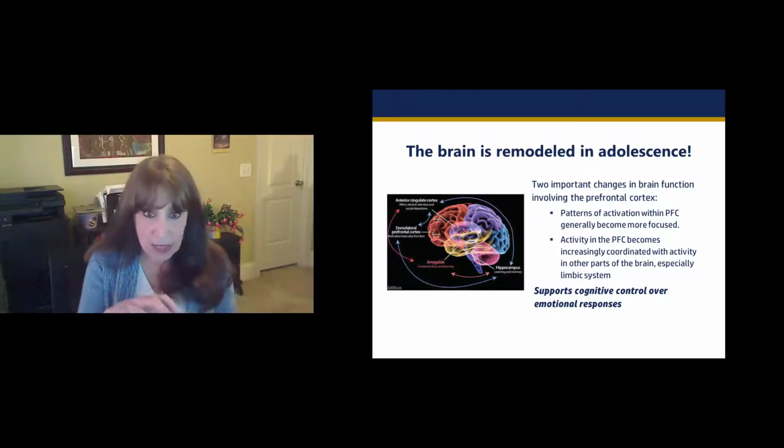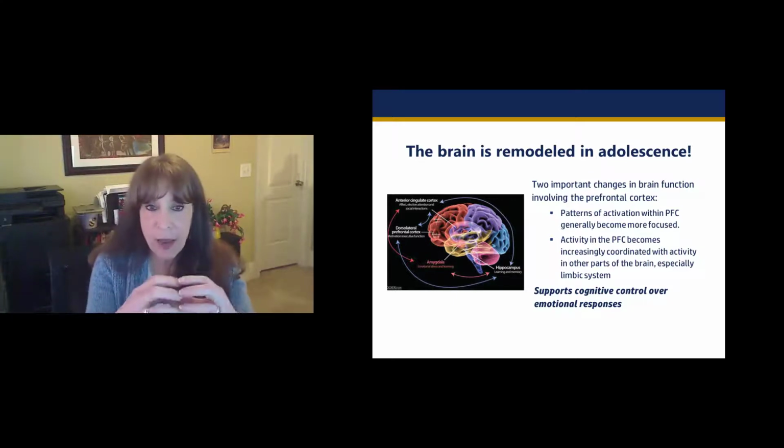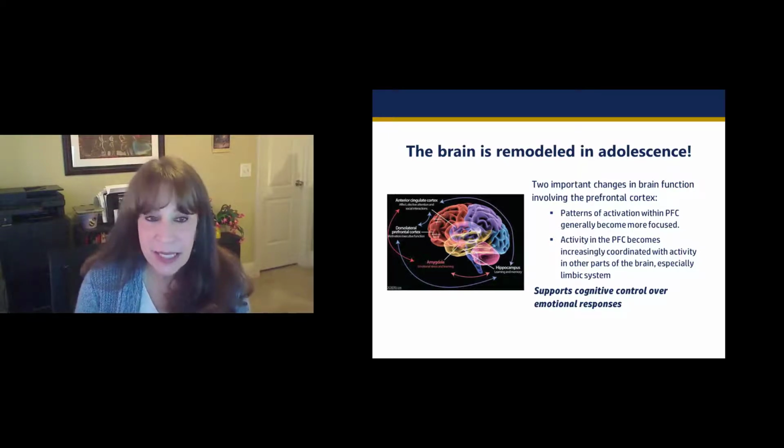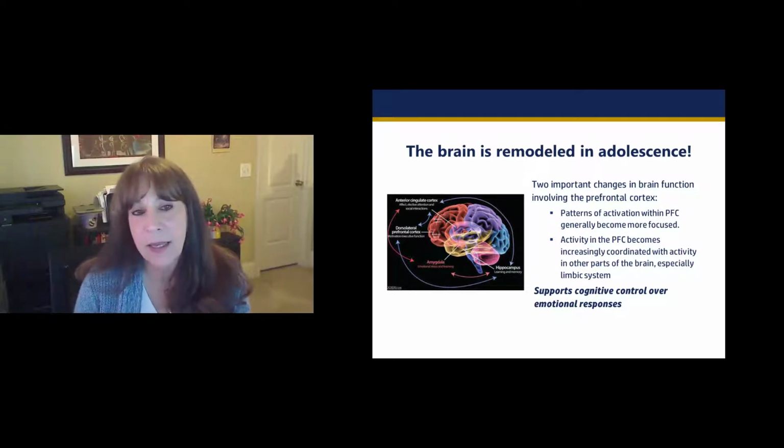So we're starting to get more cognitive control over emotional responses. And yes, I know adolescents are still highly emotional. It's not all together yet, but this is the time when these very vital things need to happen in adolescence.